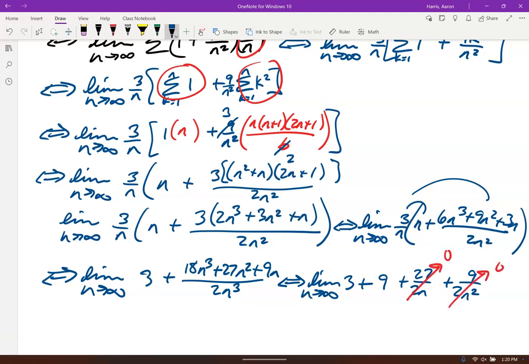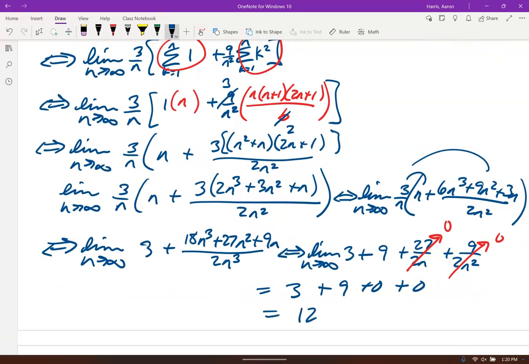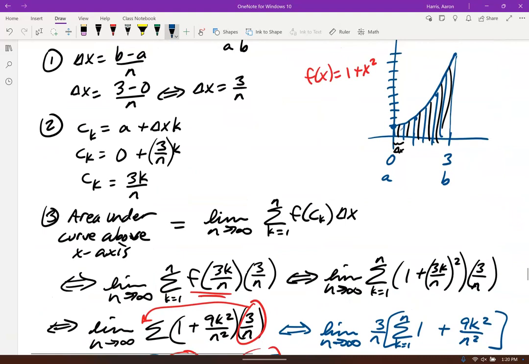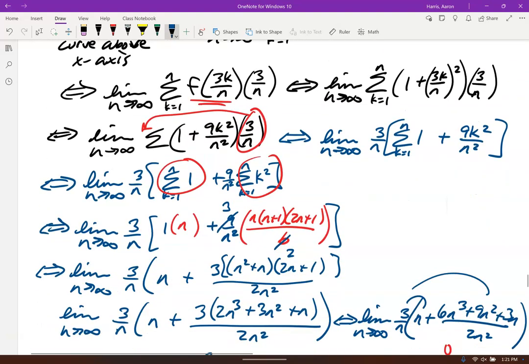So I'm just left with 3 plus 9 plus 0 plus 0. So this exact area under the curve, let me come back up here. This area under the curve in yellow is 12. Exactly 12. All right, not an approximation. Exactly.